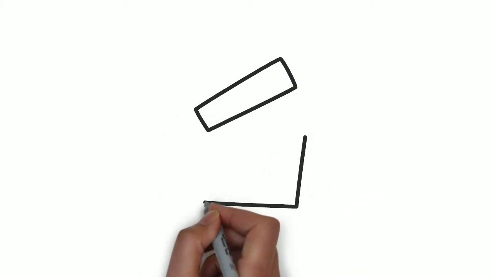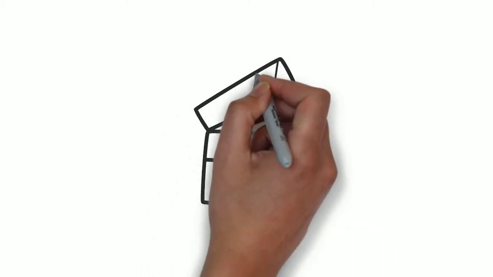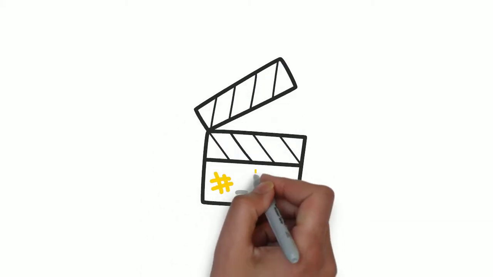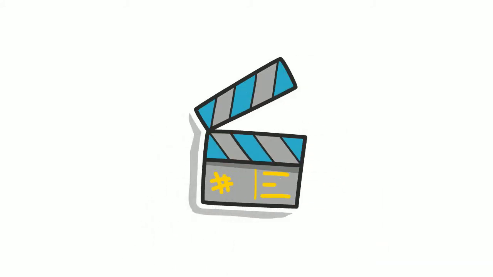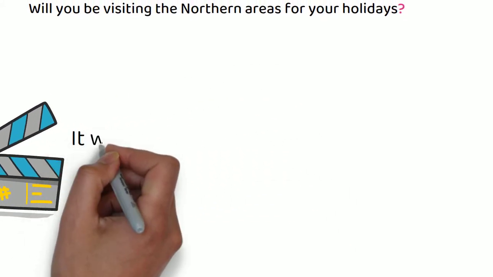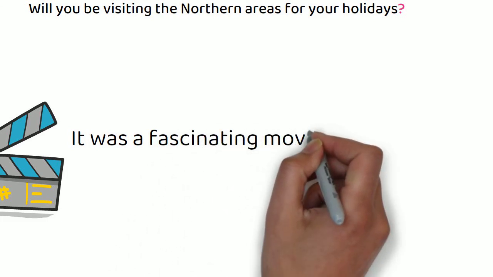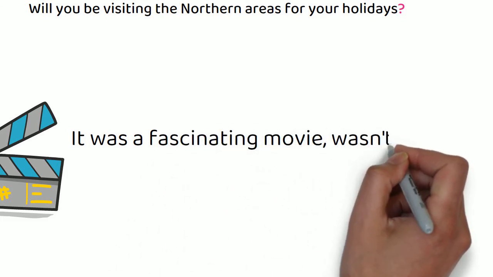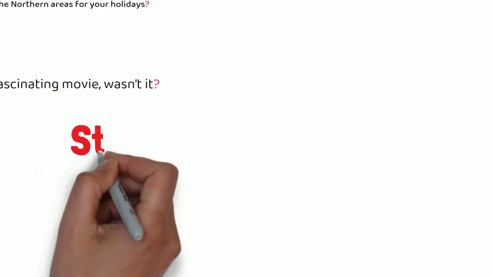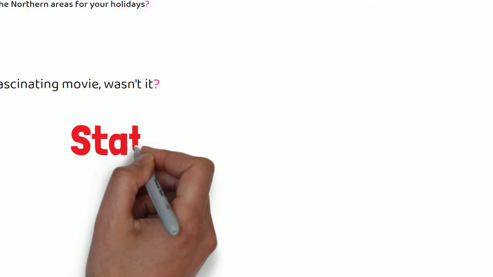See a different kind of question? It was a fascinating movie, wasn't it? There is a question at the end. There's another kind of question, and they are called statement questions.